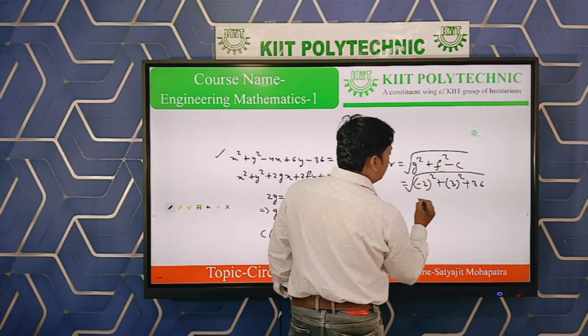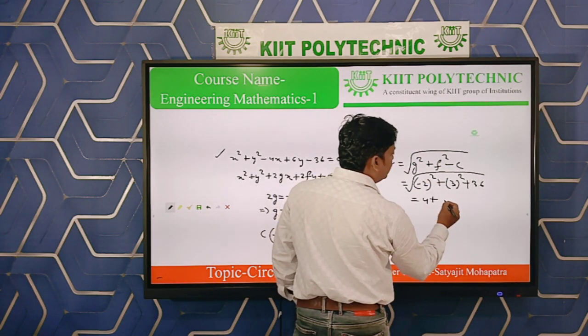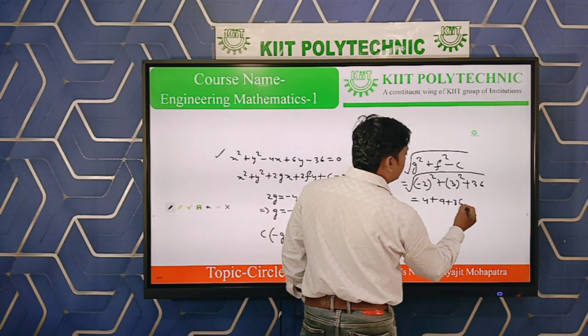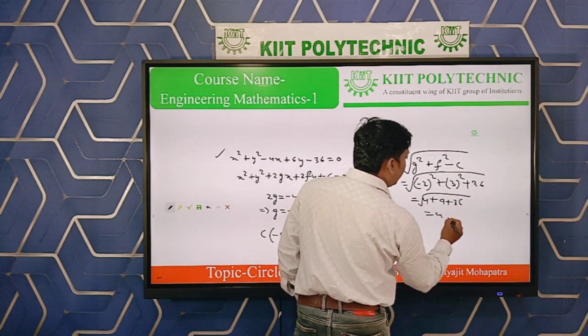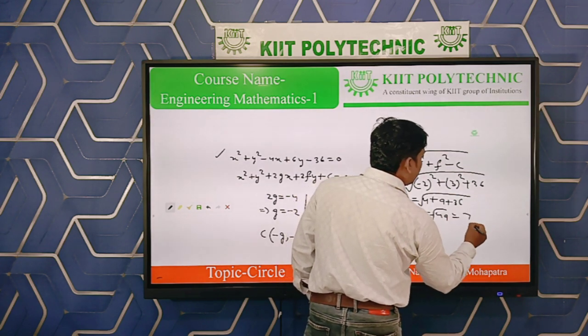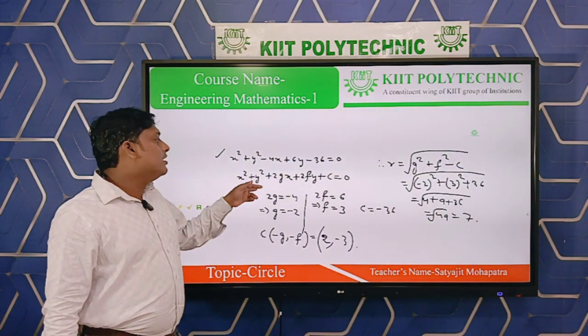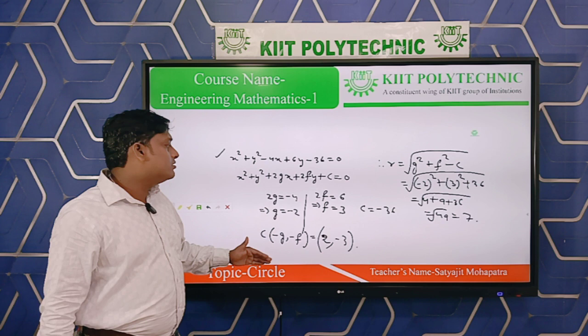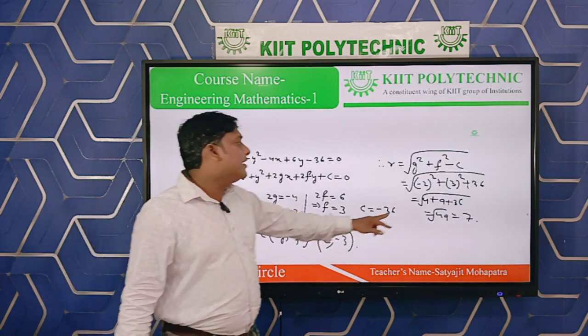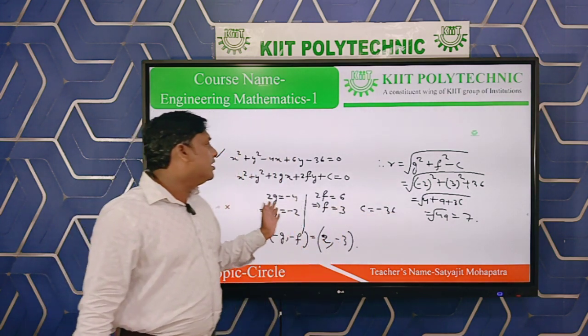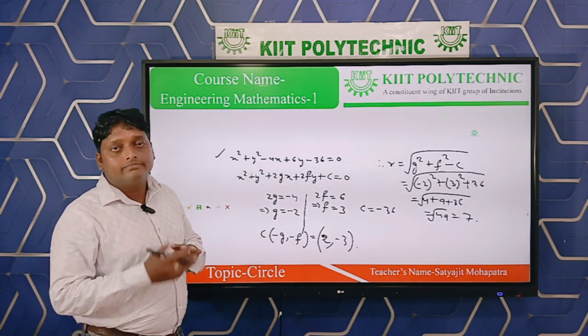Under the root, that finally becomes the square root of 49, which is 7. So see here, we were asked to find the center and radius of the given equation, and just by putting in the formula, we got the answer.